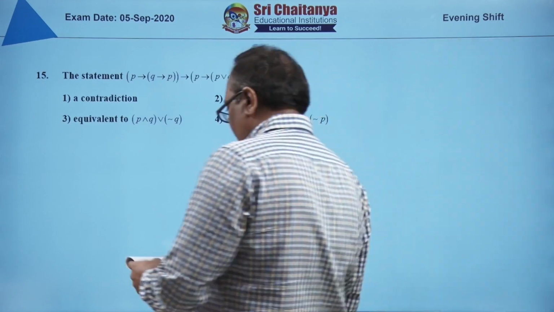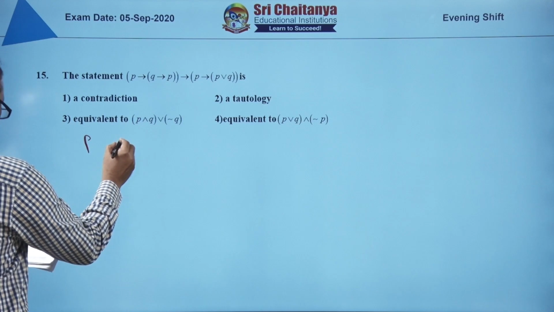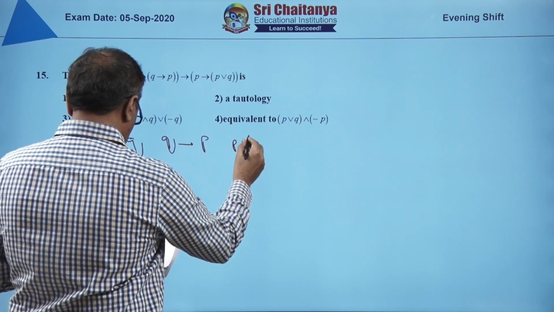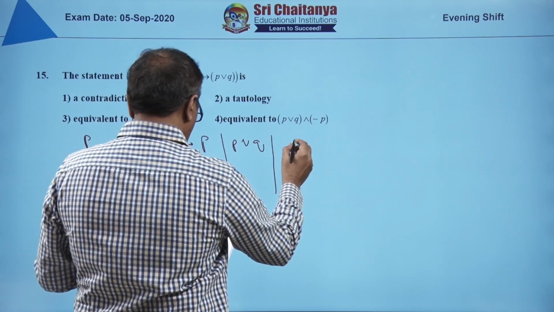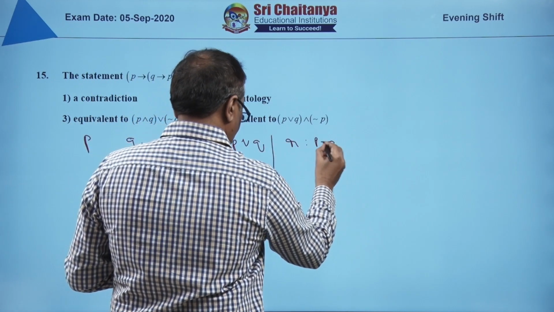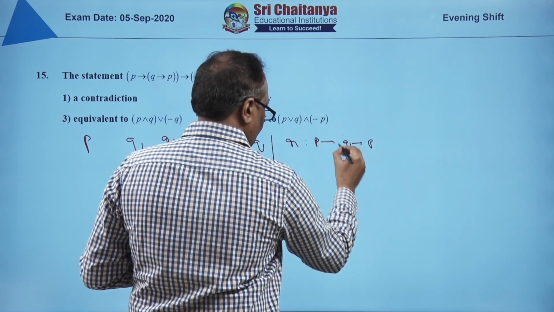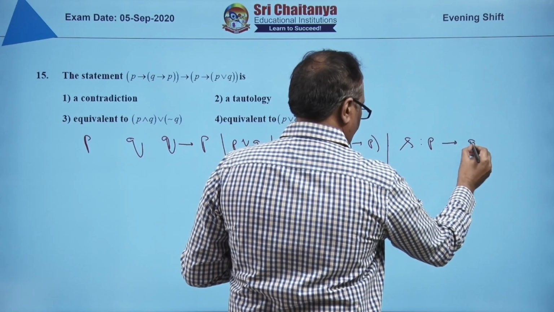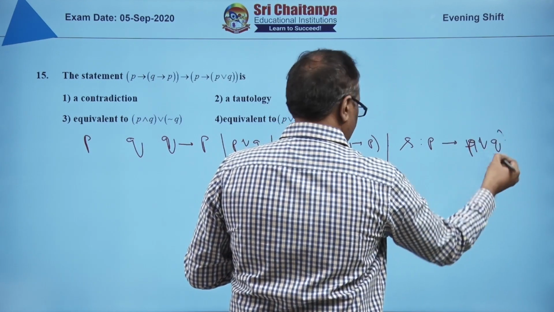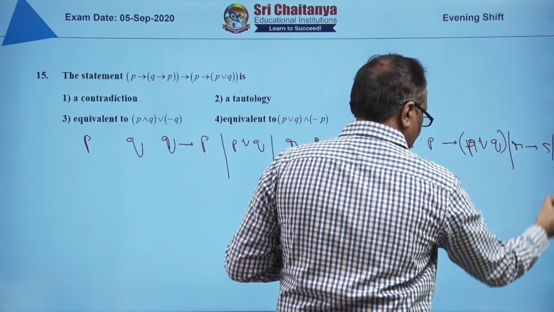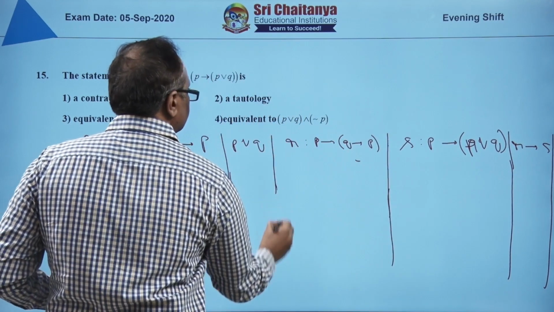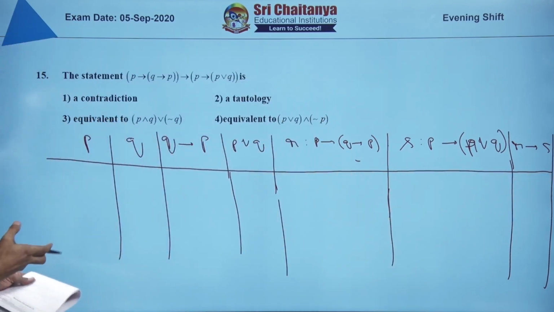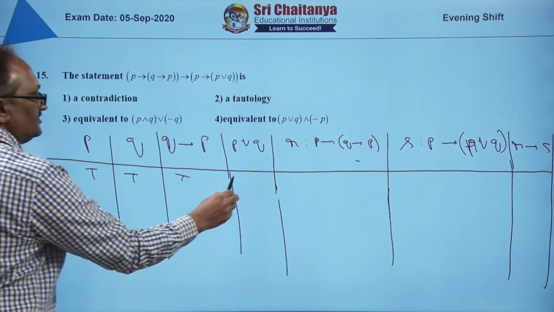Coming to the 15th question, we can form a truth table: P, Q, Q implies P, P or Q. Suppose R we consider as P implies Q implies P, and S is P or Q, and finally R implies S. By writing the truth table here, if P is true, Q is true, this is true, all are true.